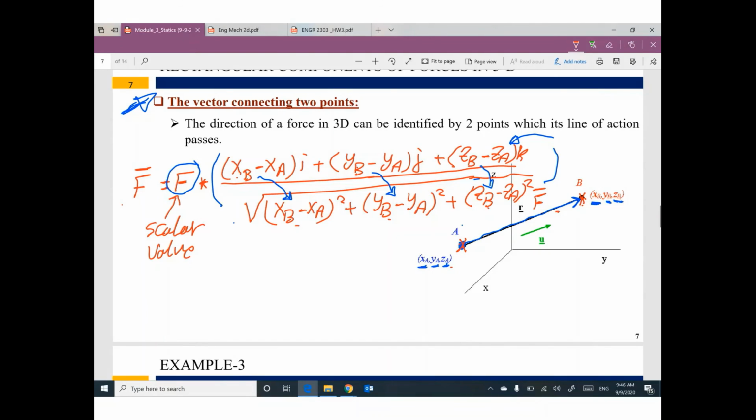It's very important to determine which point is the first one and which point is the second one, based on the direction of the given force, because you are talking about coordinates of the second point minus coordinates of the first point, second minus first, second minus first. So I can convert this force to three components.